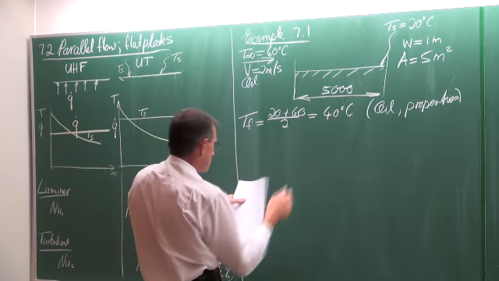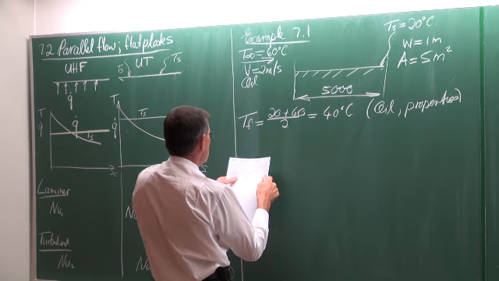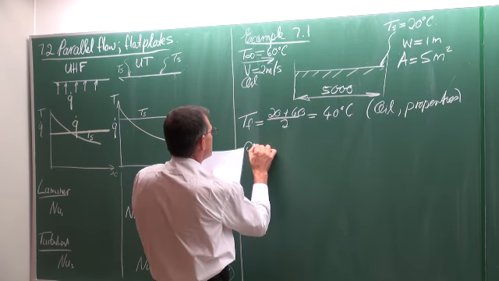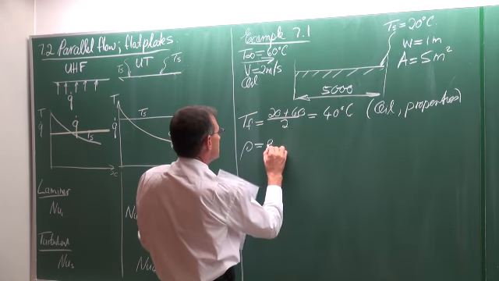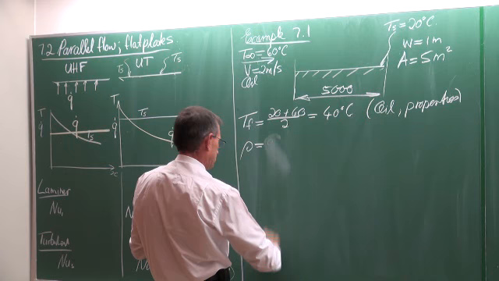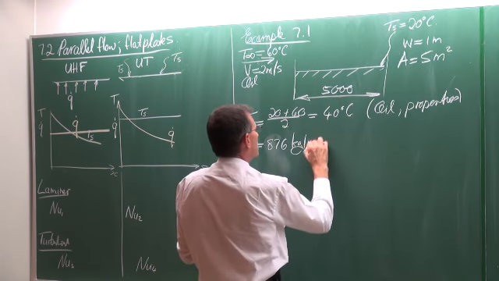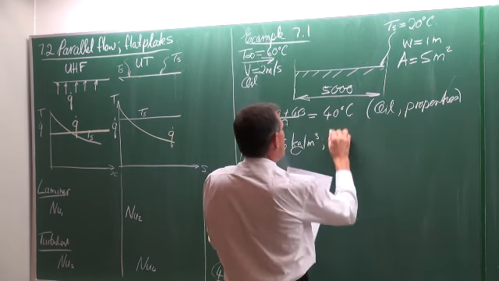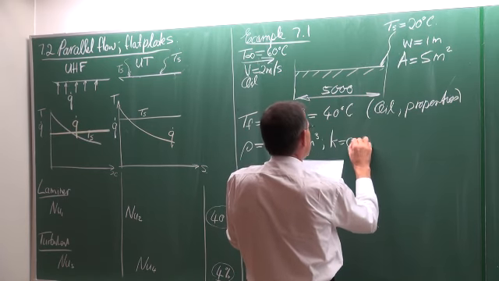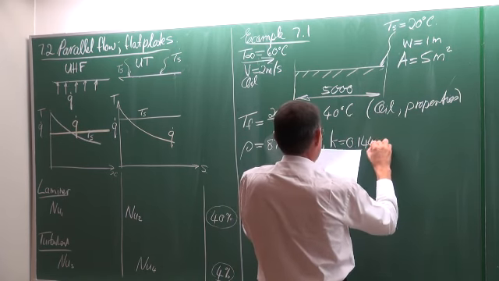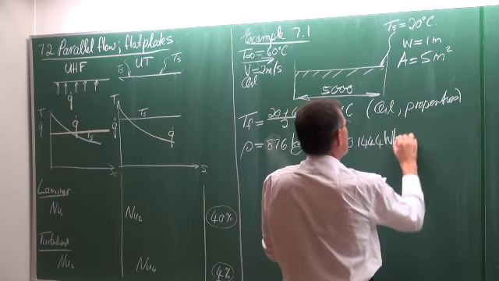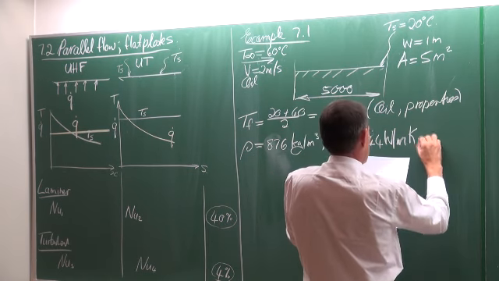At that temperature you can now get the density of the oil, which is 876 kilograms per cubic meter. The thermal conductivity is equal to 0.1444 watts per meter Kelvin.